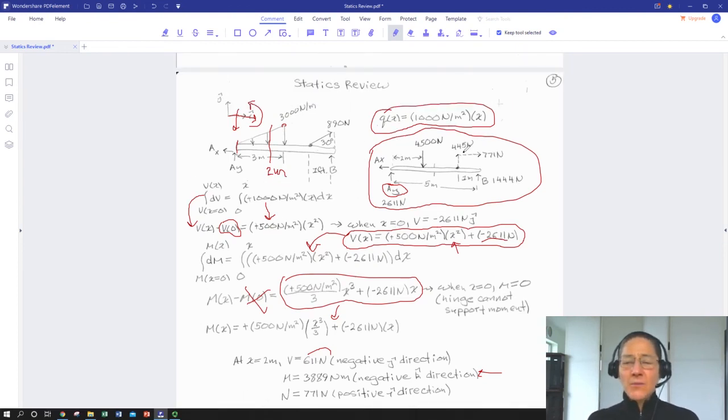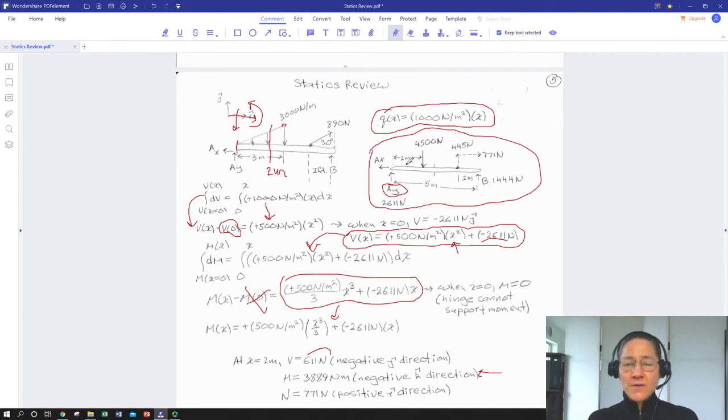Well, if we come back up here, we notice that we had a point load that had a 771 Newton component in the positive x direction acting towards point B. And that's being opposed in terms of the whole beam by our A sub x support.